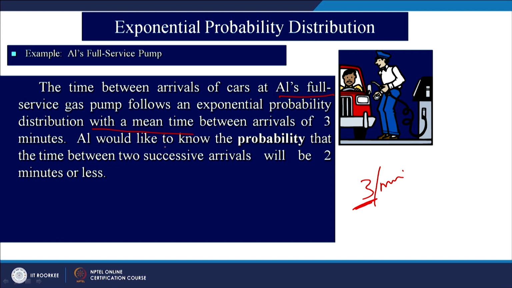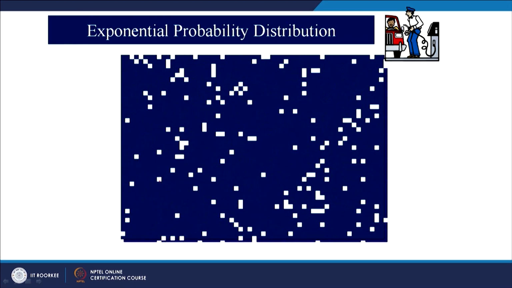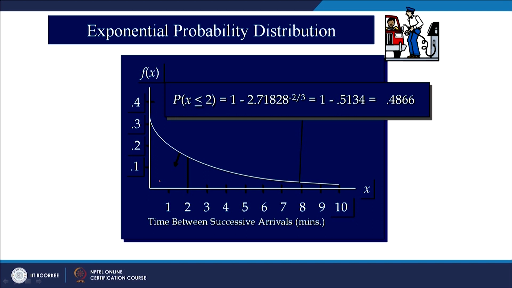Now, we would like to know the probability that the time between two successive arrivals will be 2 minutes or less. The probability would be 1 minus e to the power minus x/mu, here mu is 3. So, this is your answer: 0.4866.